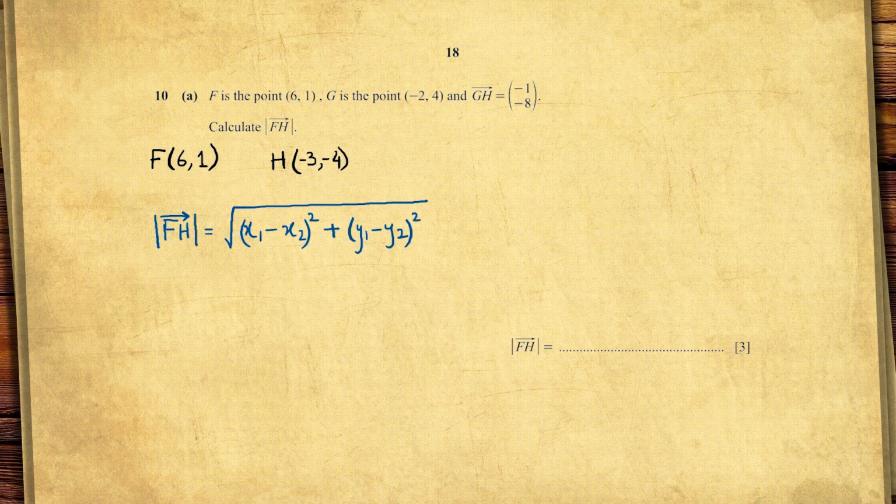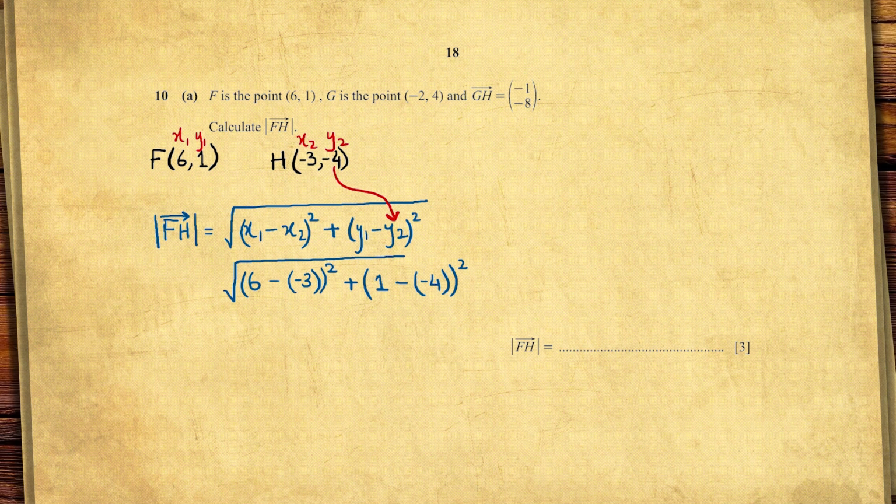If F is the point 1, then its coordinates will be x1 and y1. And let's say H is the point 2, so its coordinates would be x2 and y2. Now we place these values into the equation. x1 is 6 and then there is the minus in the formula, and x2 is -3, whole squared, plus y1 is 1, then the minus, and y2 is -4, whole squared, and the square root of this entire thing.